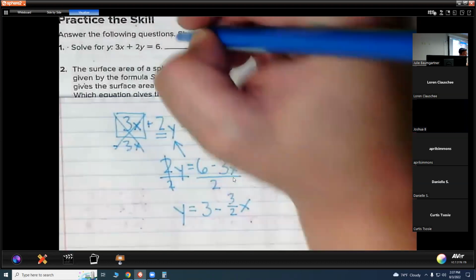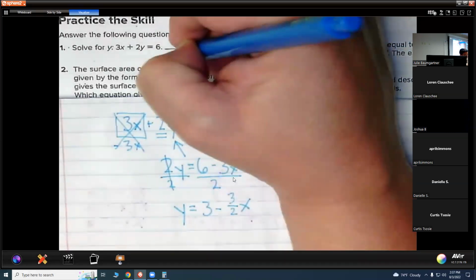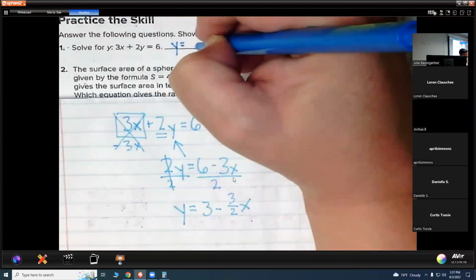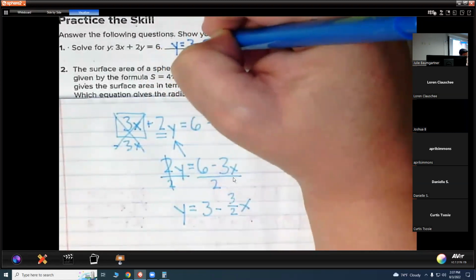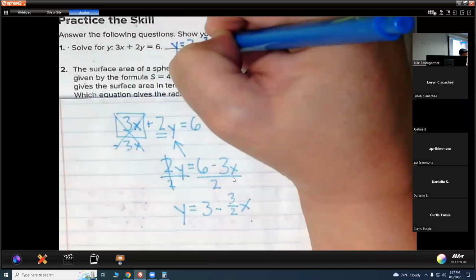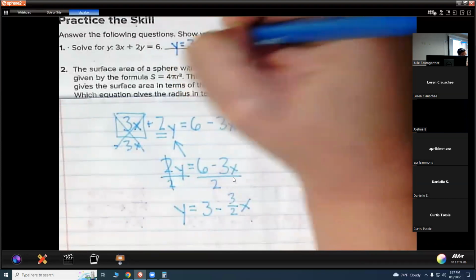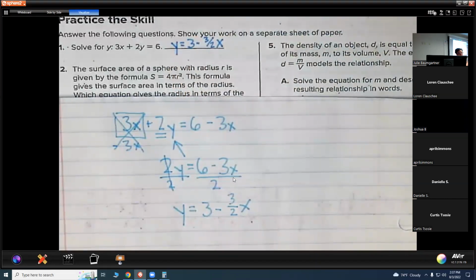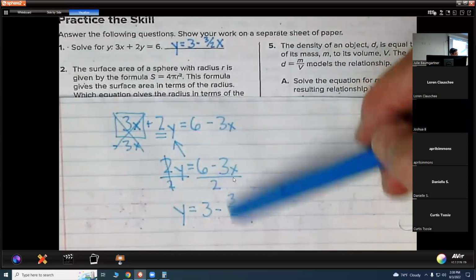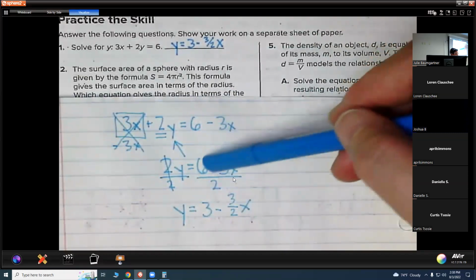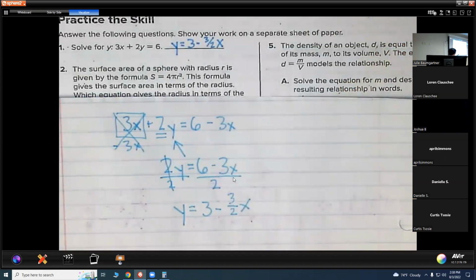So does this make sense how I've just isolated the y on my one side? I haven't done any solving, I'm just rearranging the equation. Does that feel doable? Yes. The steps make sense, how we got from here to here to here?